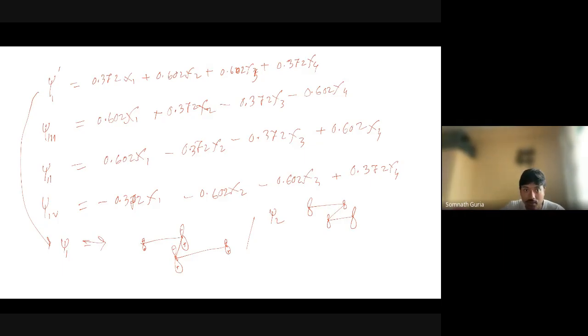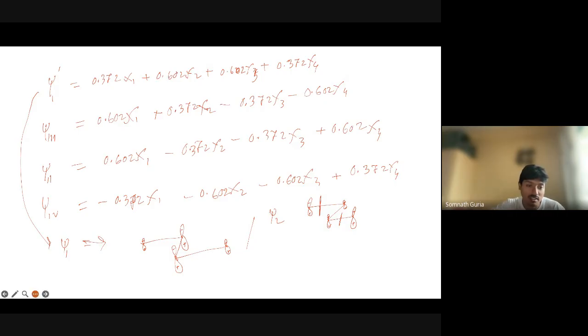This one will be 2, and we have 0.602 and negative. Here is the negative, here is the positive, and again reversed. So here we can see that there is a change in sign here, and a change in sign here.